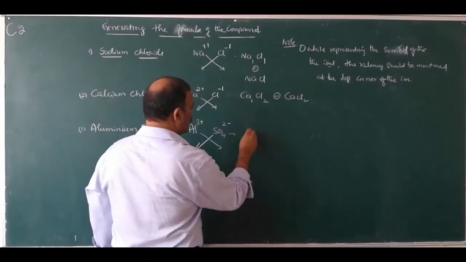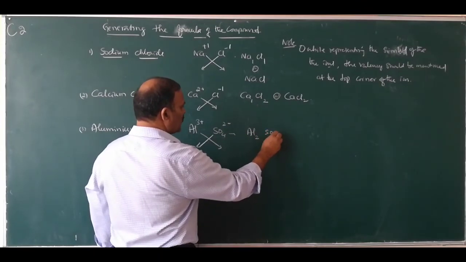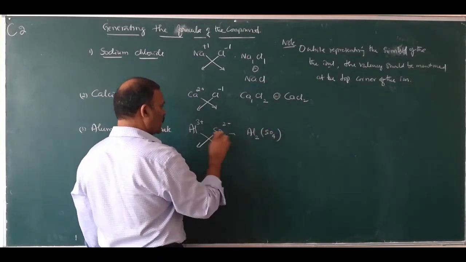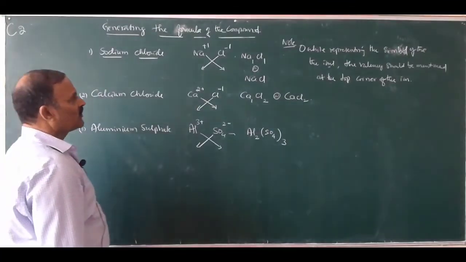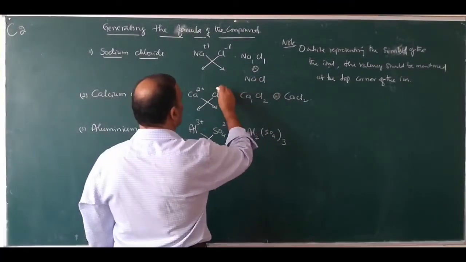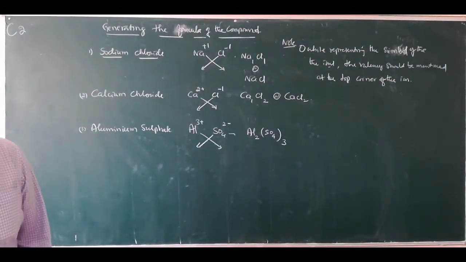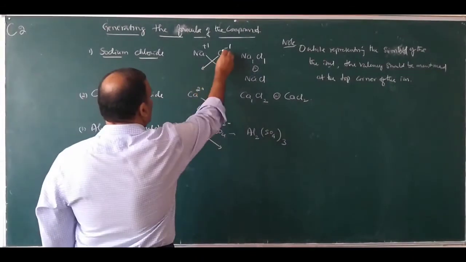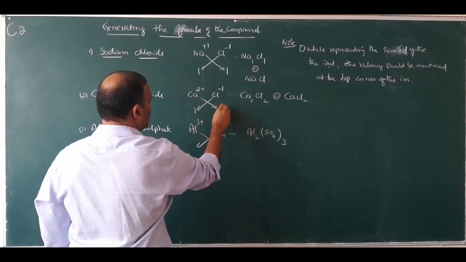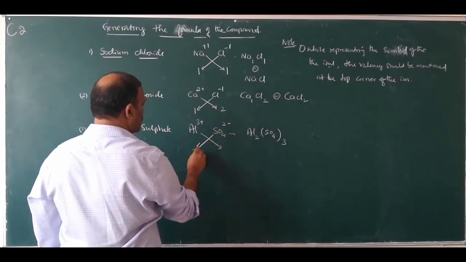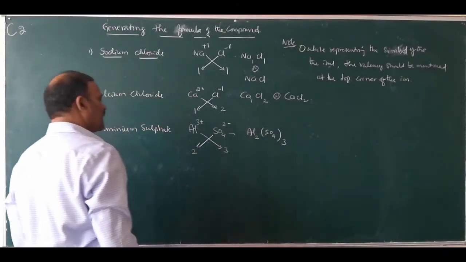So you have to write Al2(SO4)3. This is the formula of aluminium sulfate. Here you write 1, here 2, here 2, and here 3. So Al2(SO4)3.